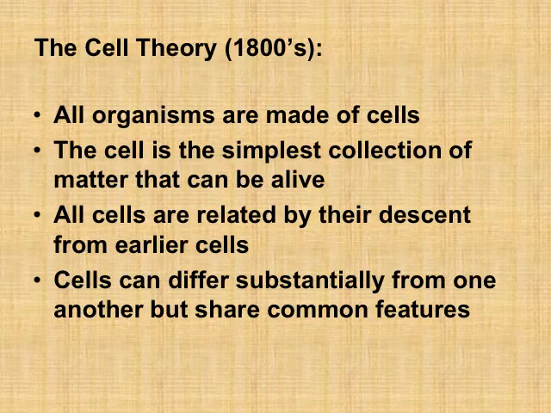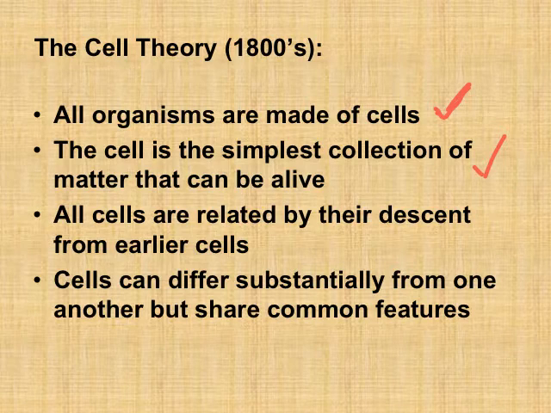The work at improving microscopes and using them to look at plants and animals over the next 200 years, from the 1600s to the 1800s, led to the development of a theory, the cell theory, that states the following: all organisms are made of cells, and the cell is the simplest collection of matter that can be alive. Cells are related to other cells.